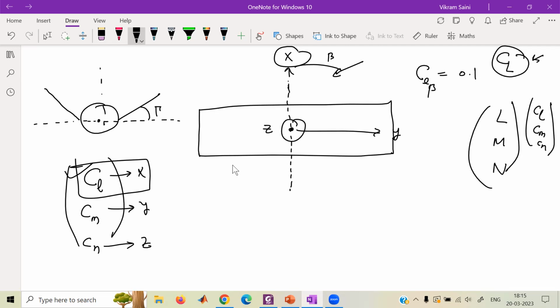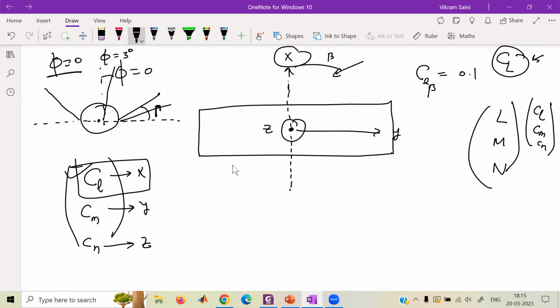Let's say the roll angle phi is equal to 0. You're maintaining it, but for some reason it was disturbed from that 0 position, so it went to a certain non-zero angle. Phi is equal to, let's say, 3 degrees. Now, if your aircraft has a dihedral of certain magnitude, then the aircraft has a tendency to roll back to phi is equal to 0.